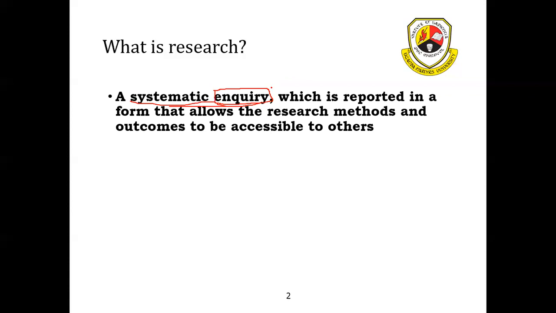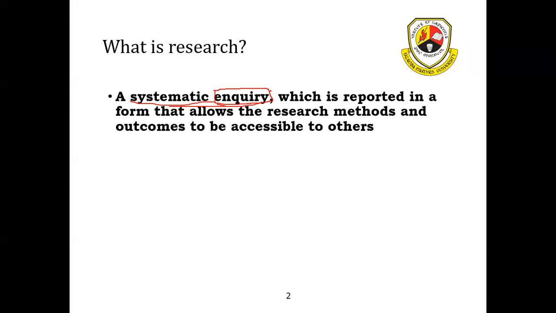As we stated last Saturday, a key point to note is that this inquiry must not only be unknown to you, but also to a research community. So you're going out armed with scientific methods, a scientific approach, and you make an inquiry.